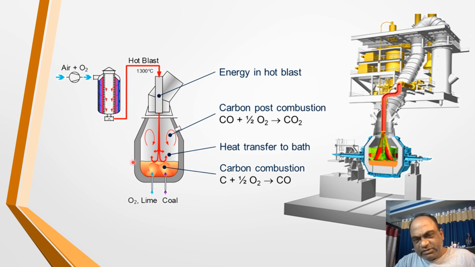This is basically a vessel, and this vessel has a tilting mechanism, and the steel manufactured in such a manner is put into the steel ladle, and then the slag is put into the slag ladle, and thus the separation is done.